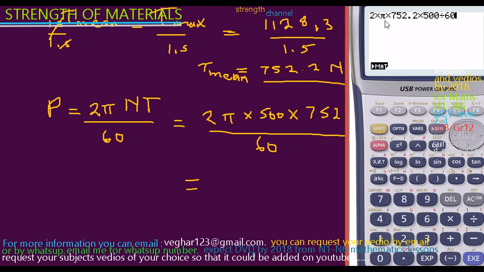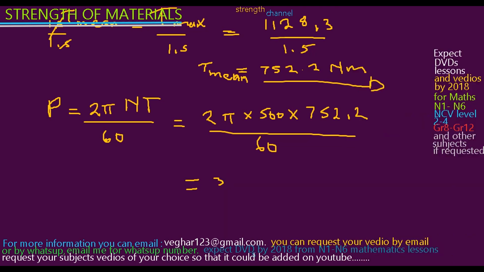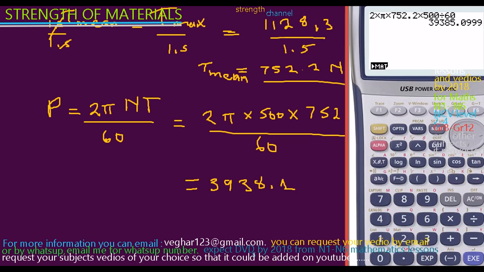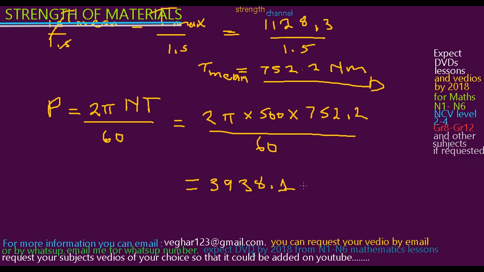Then what is, so the power is 39,385.1, because it was 0.99999. It was 0.999, so it's converted to 1. So the power, the symbol for power, it's a watt.